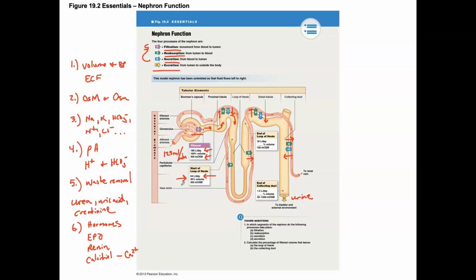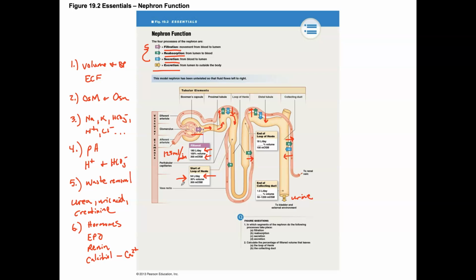The loop of Henle continues to reabsorb. It reabsorbs proportionately more solutes than it does water. And so the filtrate can actually become hypoosmotic as you move through the nephron loop. Now, that can vary depending upon what processes are taking place in the nephron loop.